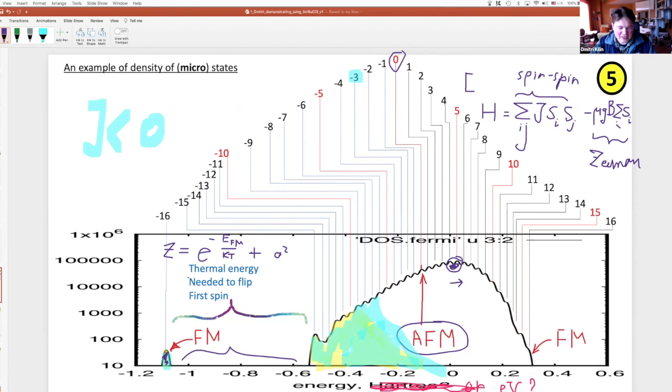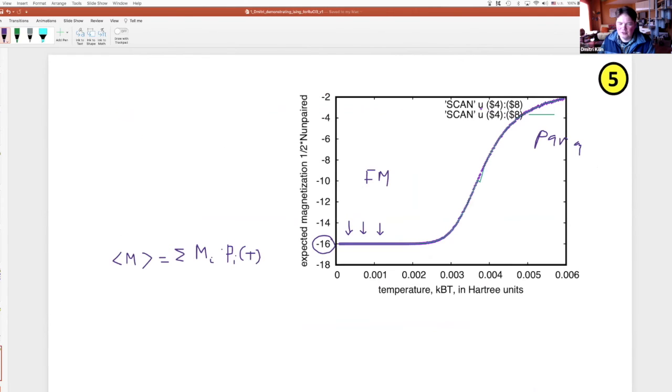But if one would try to plot magnetization, it was my biggest headache. If one goes away from this single ground state, this figure will look like this. Let me draw.